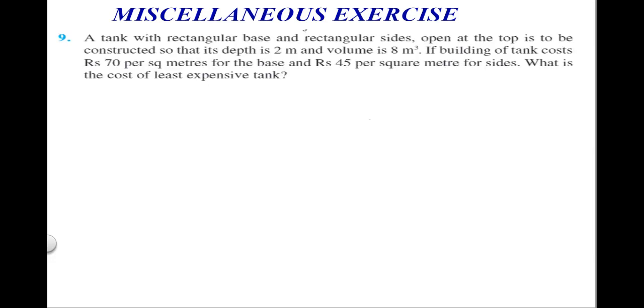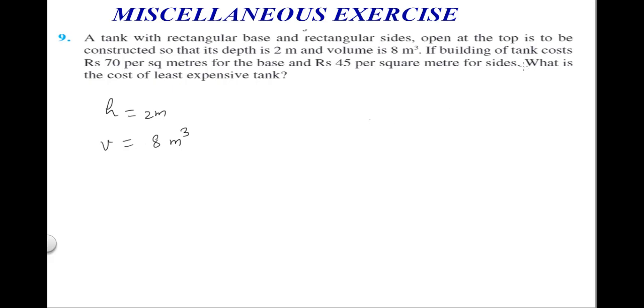Question number 9. As you have read carefully, it was also a classwork question. So in this question, what is given? A tank with a rectangular base and rectangular sides, open at the top, is to be constructed. So that means height is given as 2 meter, volume is given as 8 cubic meter.